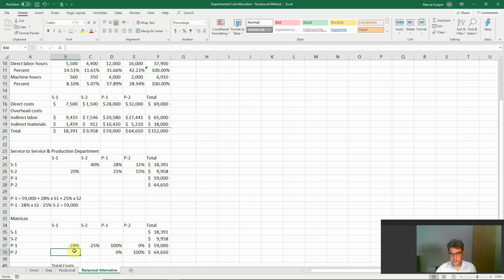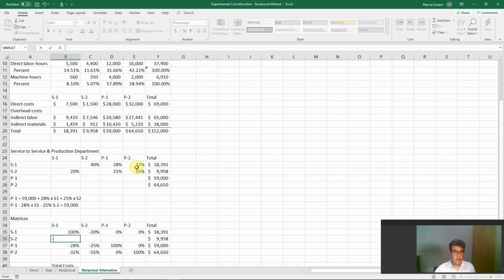And then this last 32 and last 55. So if we do here, it's the negative transpose numbers here. The service 1 here, 100%, less 20% of service 2, nothing production 1, nothing production 2.